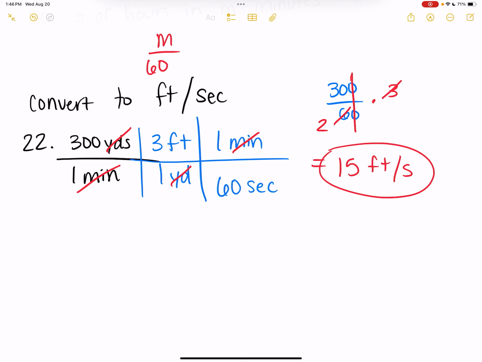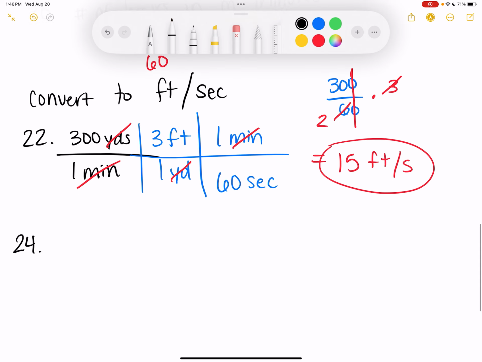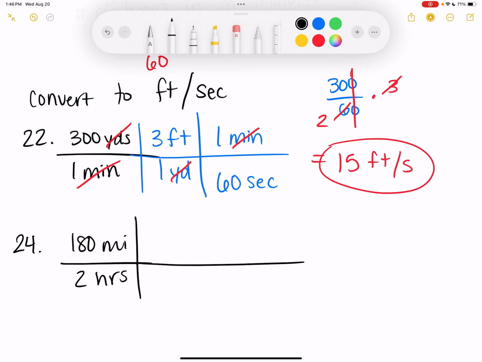All right, the next one, number 24, is 180 miles in 2 hours. Anybody know a conversion that I can use that will get me to either feet or seconds?